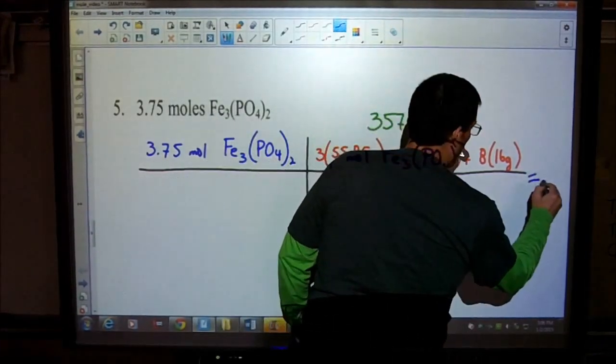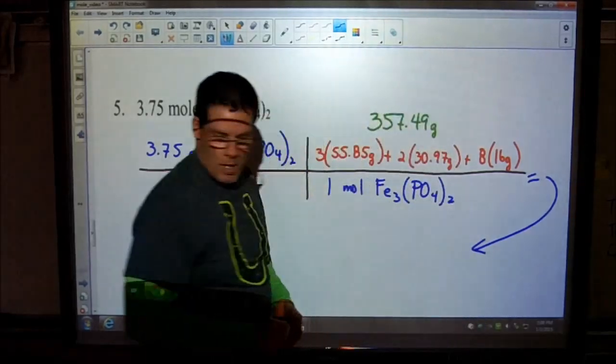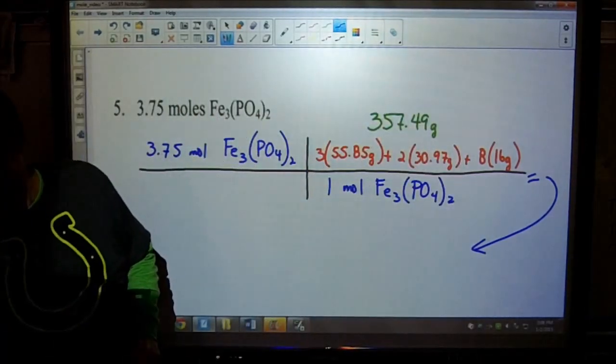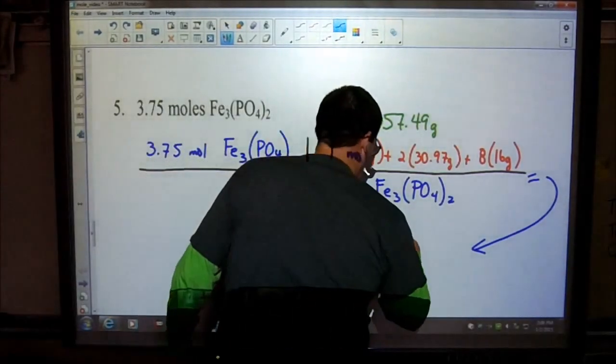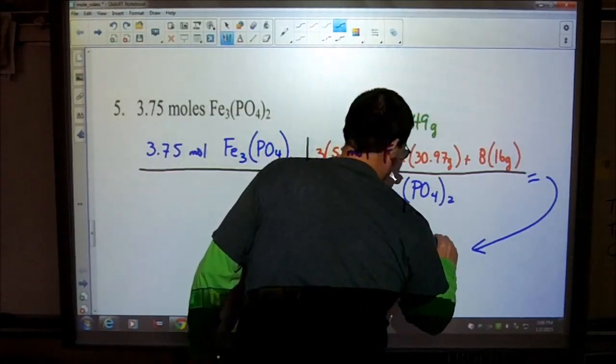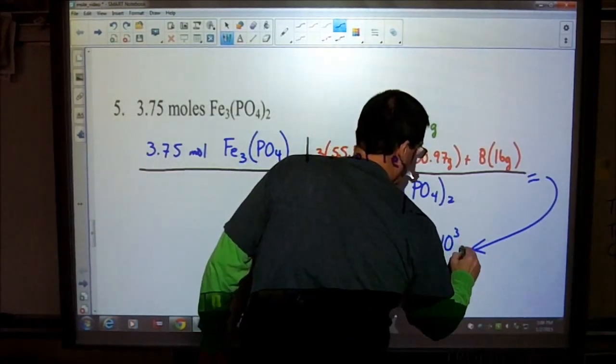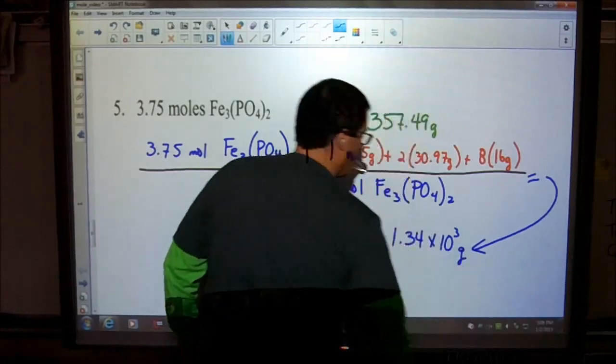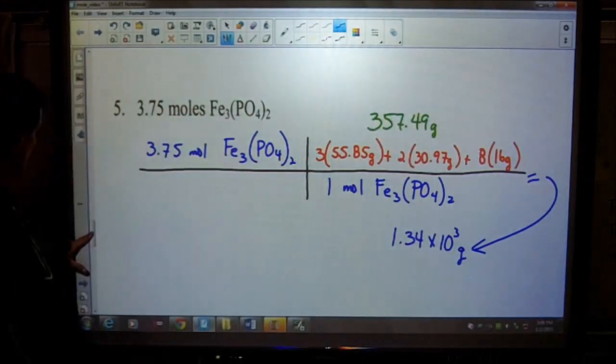And then when we type all that in, you get 1,300 and I'm going to say 40. I know my calculator's rounding here. That is grams. Okay.